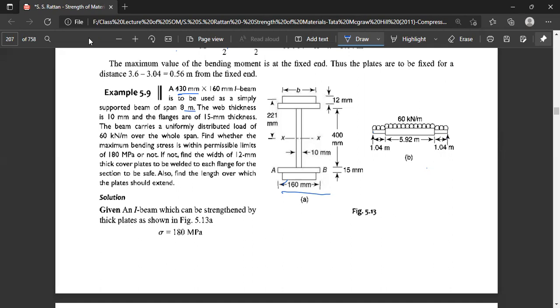The thickness of the flange is given as around 15 millimeter, so 400 plus 15 plus 15 is 430 millimeter, and it is supported at this end and this end, shown by an arrow.